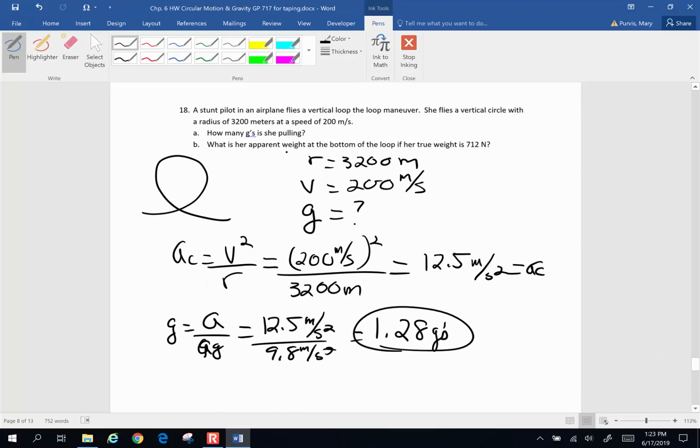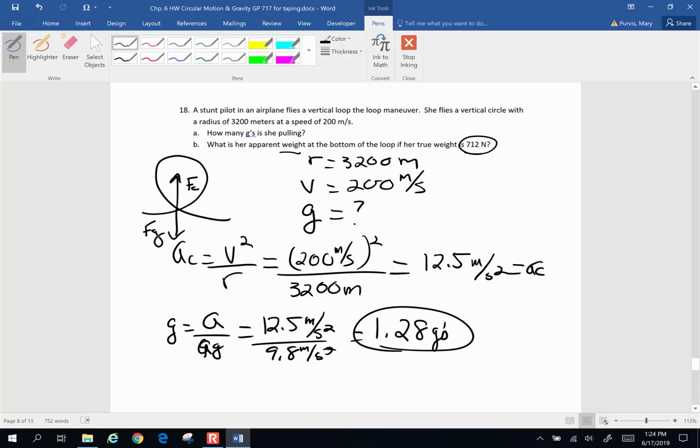What is her apparent weight at the bottom of the loop-the-loop, if her true weight is 712 newtons? Okay, here's what's going on. At the bottom of that loop, she is going to feel a centripetal force pulling her inward, and the force of gravity is going to be pushing her down.